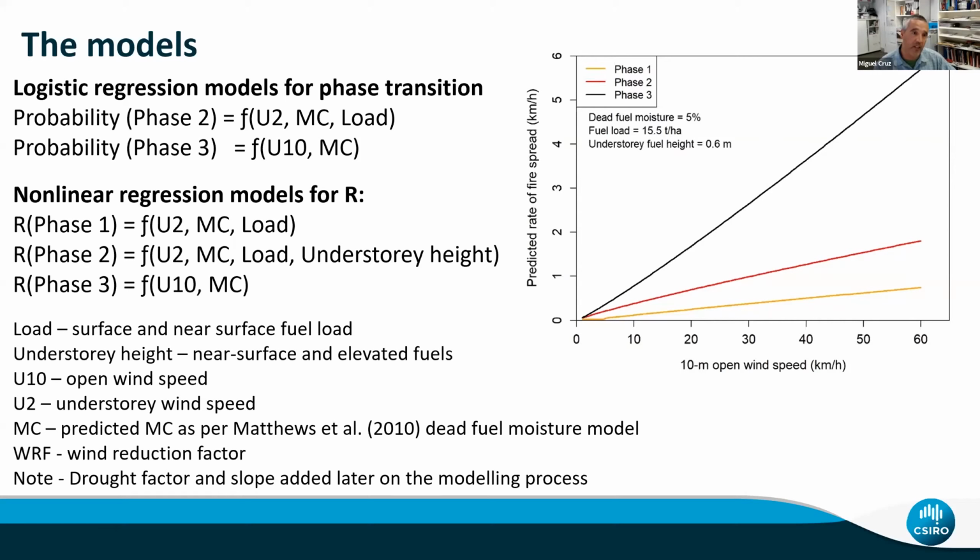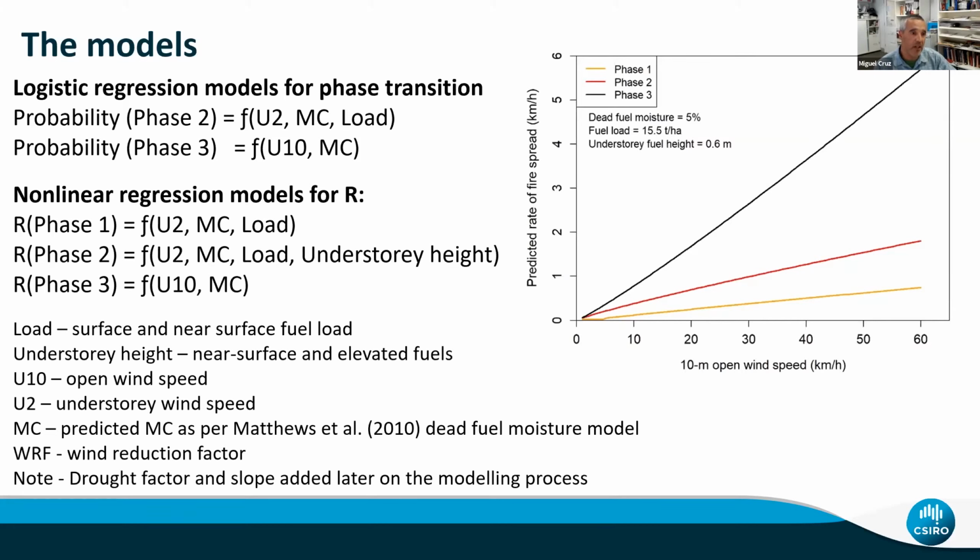So in this state, you have an escalation of the fire within the understory, involvement of elevated and bark fuels and so on. And so understory height is really the main fuel driver of fire in this state, although fuel load still has an effect. And as you go to phase three, the analysis didn't find any fuel characteristic determining fire propagation. And fire propagation is really a function of wind speed at 10 meters and moisture content.